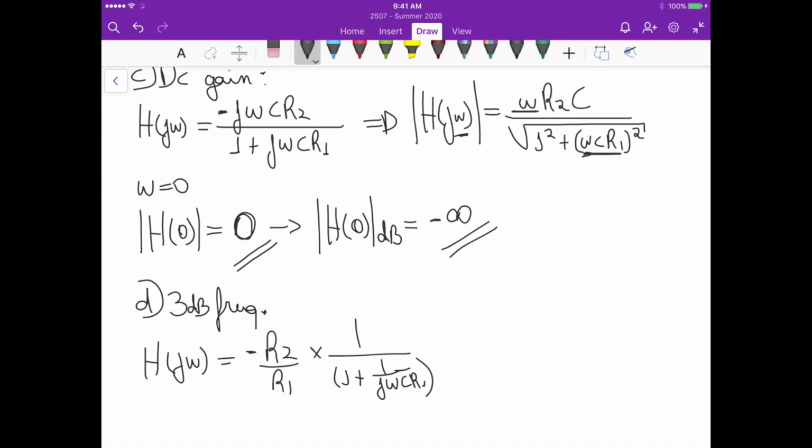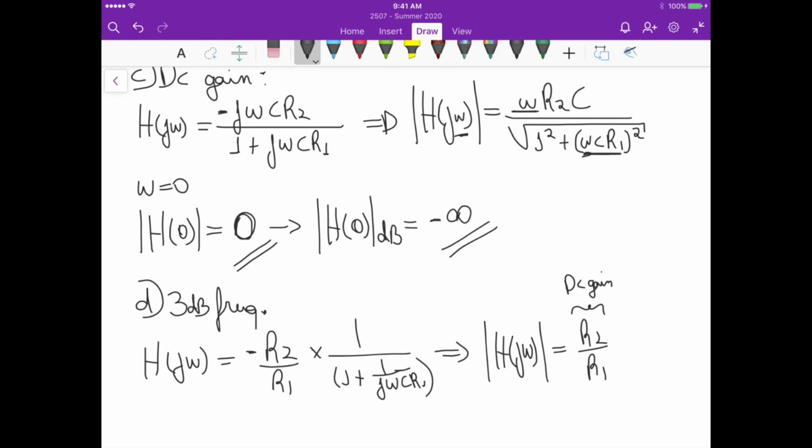So if we take the magnitude of this, then we get H of j omega equals R2 over R1. So this is a constant gain, call it a DC gain, but it's just constant, right?